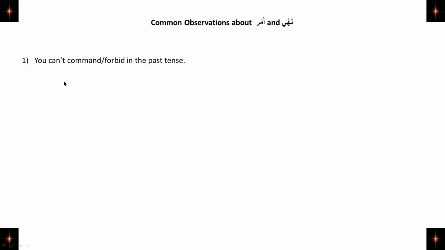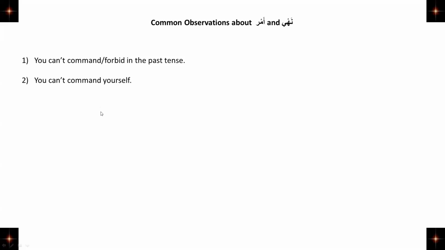The first one says you cannot command or forbid in the past. So no madi. So this word exclusion is done. The madi is out when it comes to command. So you can't command in the past. Very important. You can't also command yourself. لا يمكنك أن تأمر أو تنهى في الماضي ولا يمكنك أن تأمر أو تنهى نفسك.